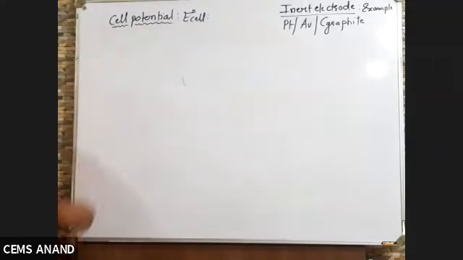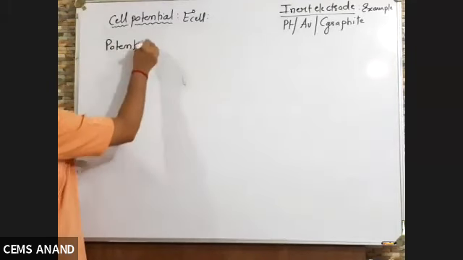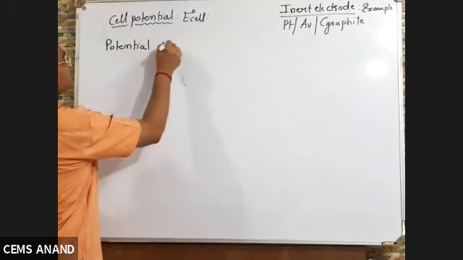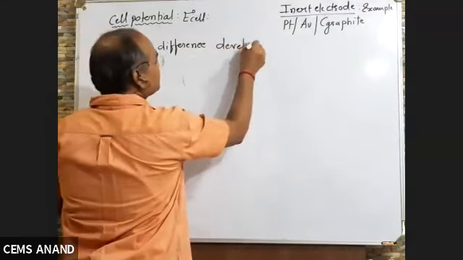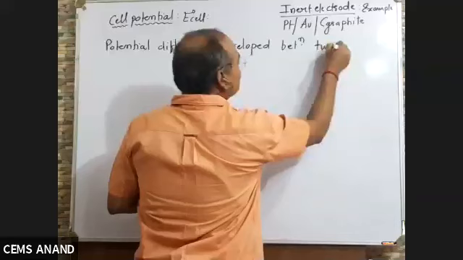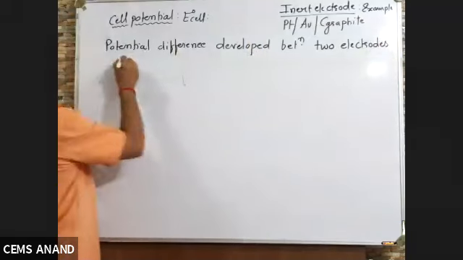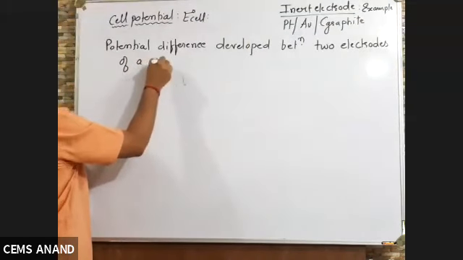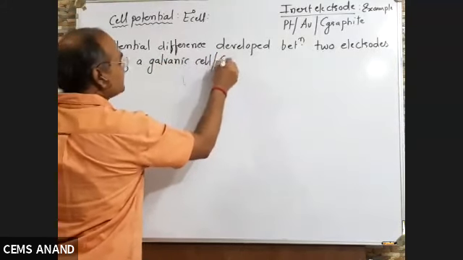Okay. Now cell potential. What is cell potential? The potential difference developed between two electrodes of a galvanic cell or given cell.